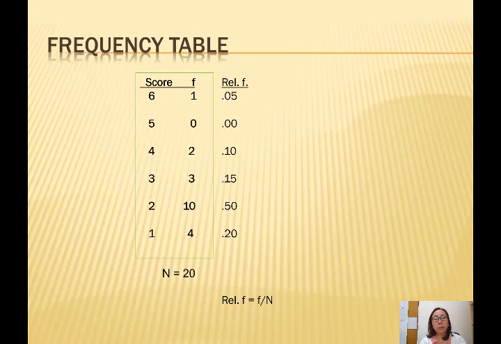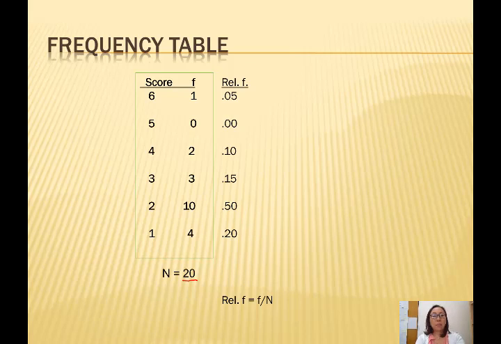In a full frequency distribution table, you would find what's called a relative frequency. Relative frequency provides to the person looking at the data how frequencies look relative to the total N. Right? So if I were to go up to someone and say 10 students got a score of 2, a typical response would be 10 out of how many?